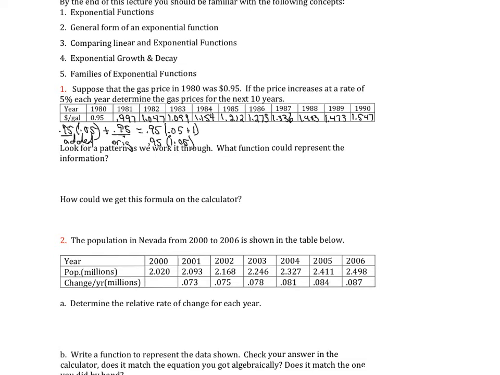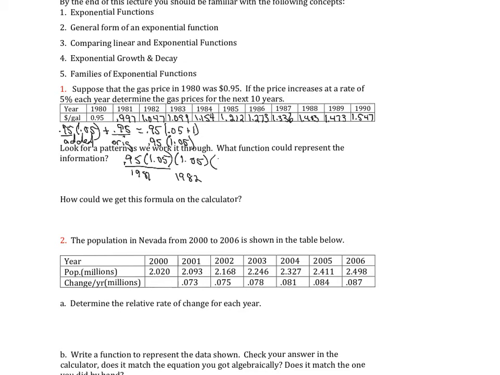Now it says to look for a pattern as we work through it. Well, I showed you that pattern. If we took 0.95 and multiplied it by 1.05, that was 1981. Then for 1982, multiply that value by 1.05. That would give us the amount in 1982.